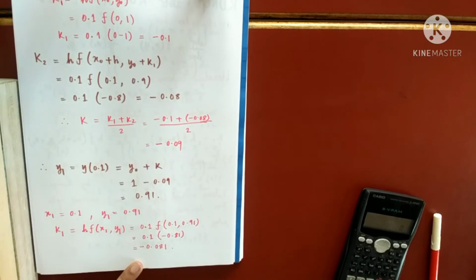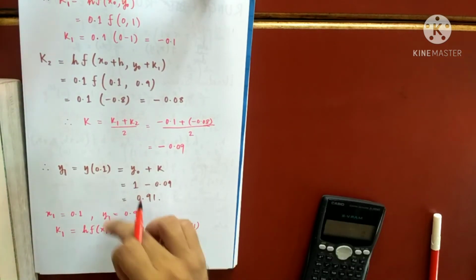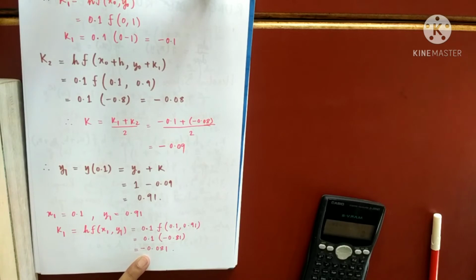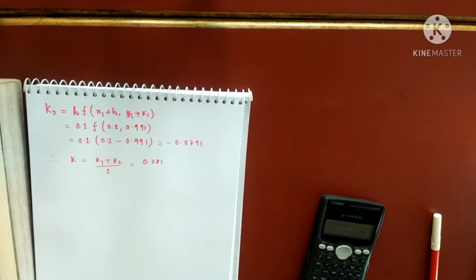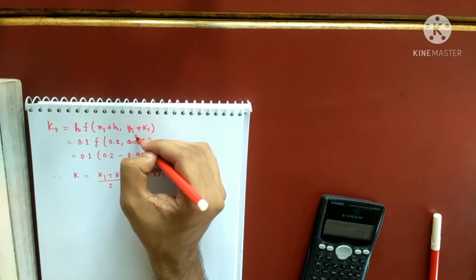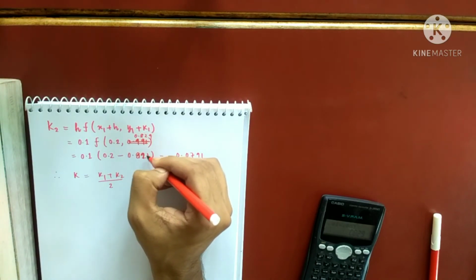K1 is minus, so when adding y1 plus K1, this will change. So 0.91 plus minus 0.081 is 0.829. Sorry, here it is 0.829.